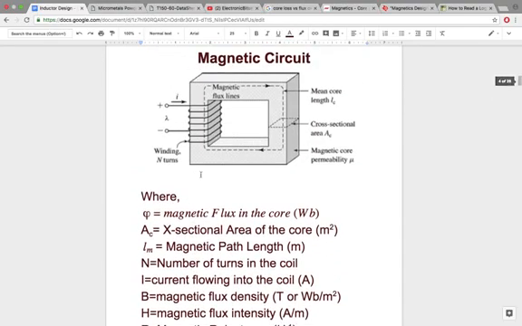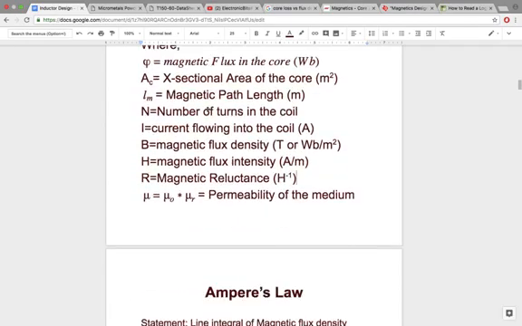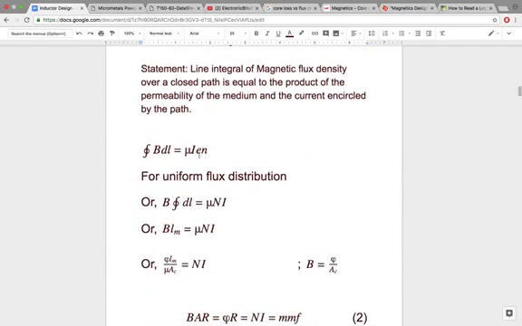In this magnetic circuit, let us consider the closed path denoted by this dotted line. The total current enclosed is nothing but N into I, because there are N number of turns, and hence we can replace I enclosed by N into I.